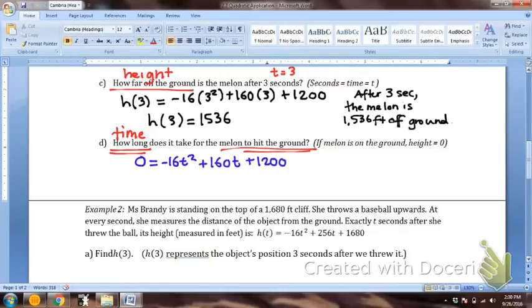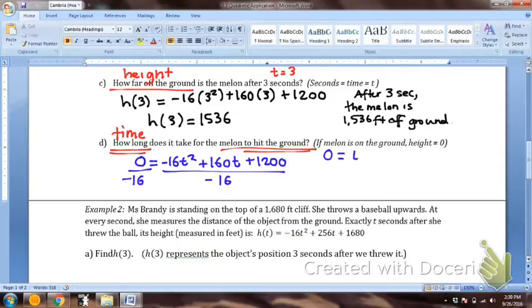So we are going to divide the entire problem by a negative 16, but whatever you do on one side, you have to do on the other. But what is 0 divided by anything? 0. That's why it appears as though the negative 16 just goes away. It doesn't, because we know that 0 divided by anything is 0.